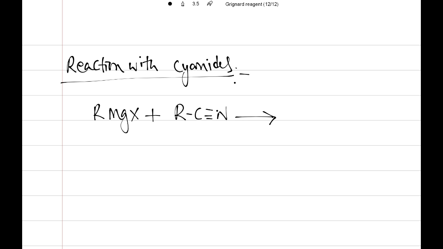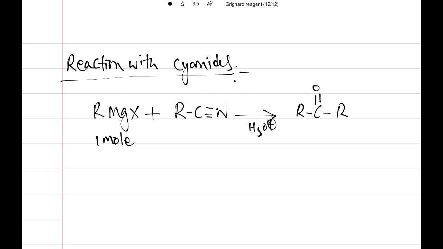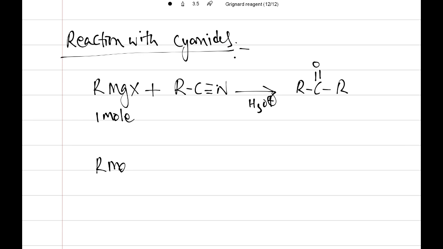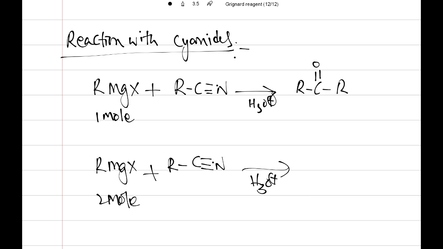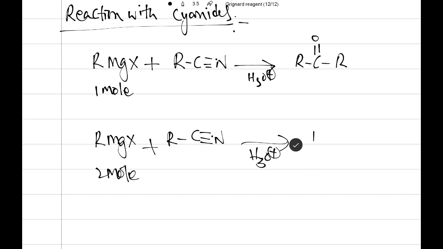If I take 1 mole here, I can get the ketone. On hydrolysis, I can get ketone, R C double bond O R. If I react with 2 moles of RMgX with RC triple bond N, and again on hydrolysis, we can get the tertiary alcohol. So RCOH R, and this is also R group.